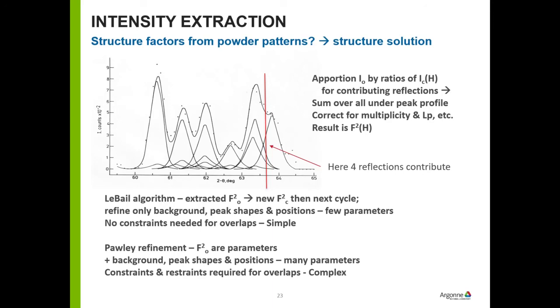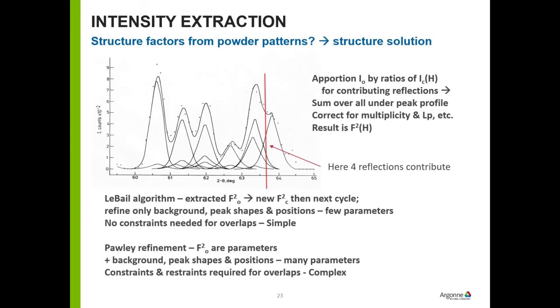And you get another set of observations, and you put those back in. So these things are not refined. They're cyclically estimated from the previous refinement. And the only thing that's actually refined is the background, peak shapes and peak positions, which is a small number of things. And it's simple, straightforward, and reasonably quick.